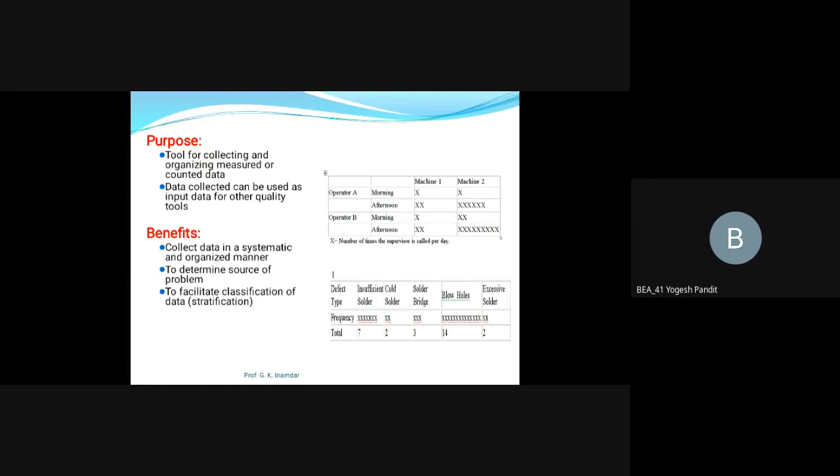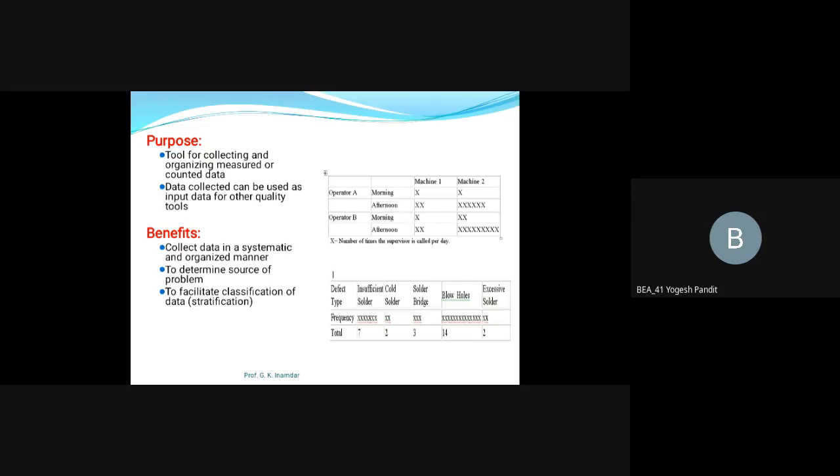Suppose we are moving toward the control chart, we can collect the data for that control chart from the check sheet also. Check sheet can also be used only for data collection, and it also gives an idea about the analysis.